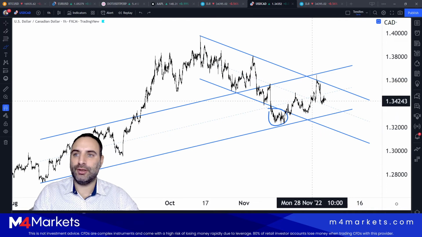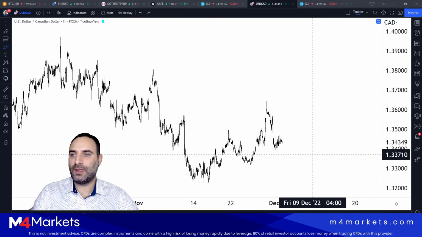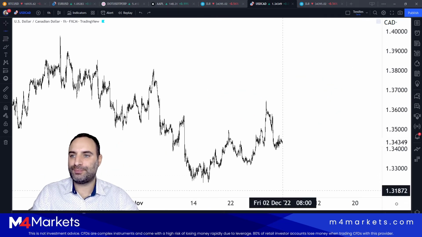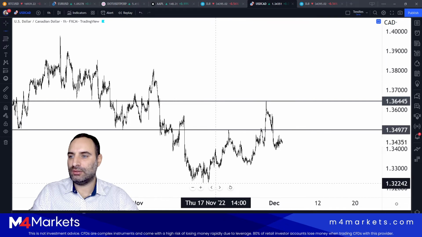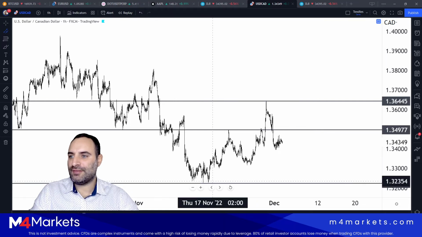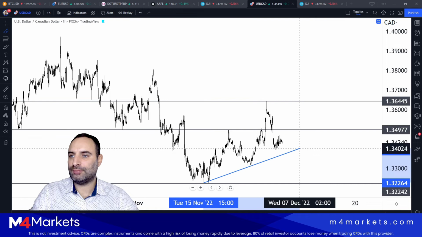Now, as you well know, these are levels for us. One level is here, one level is up to the top, the other level is down here. And what we also have is an upward channel.